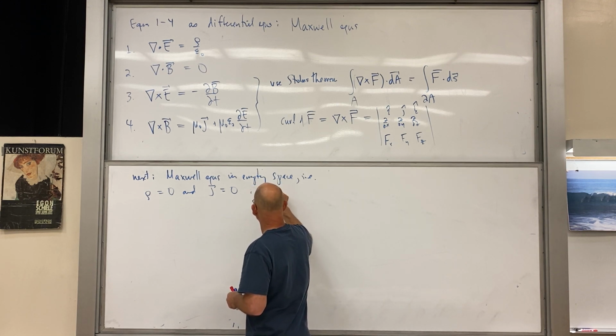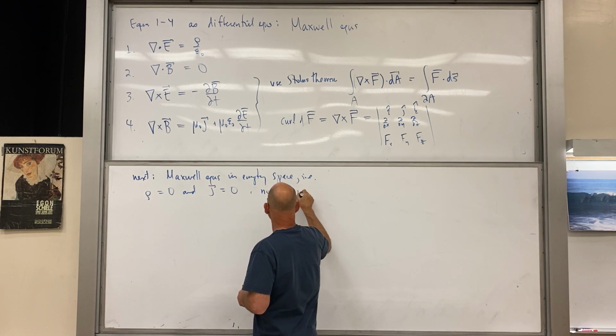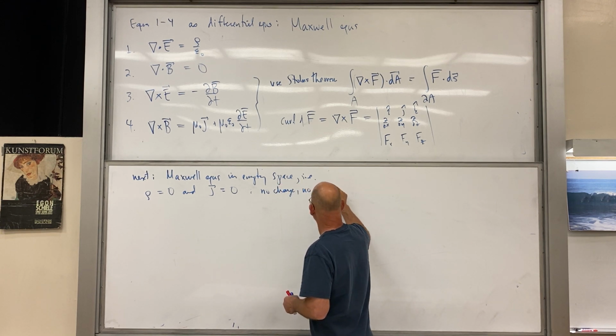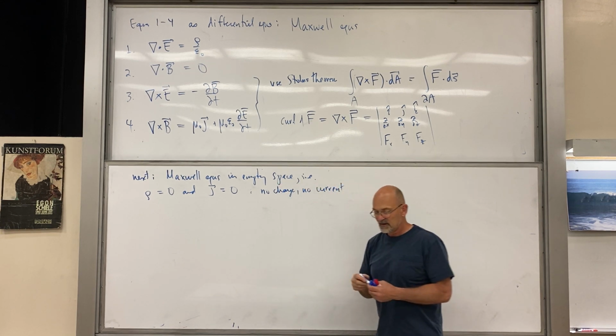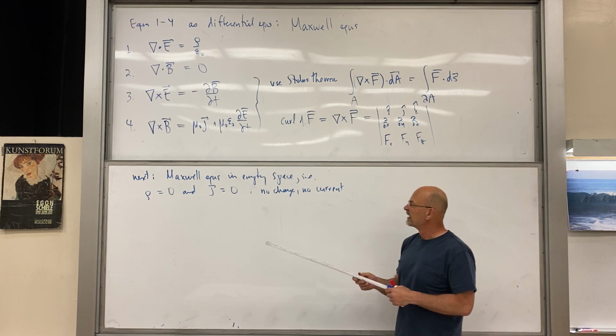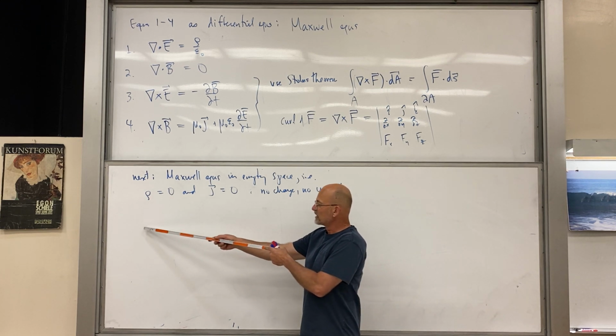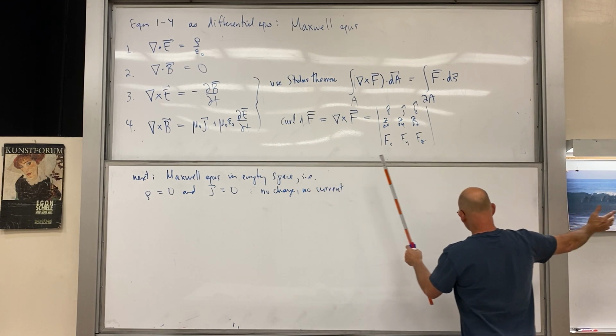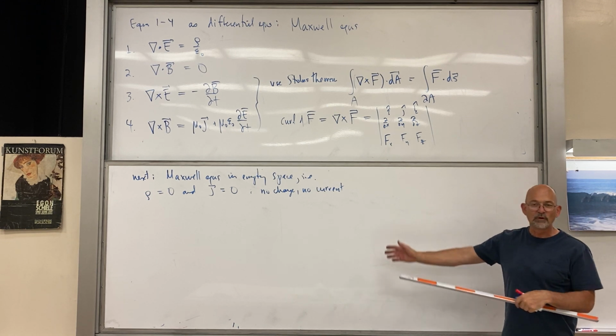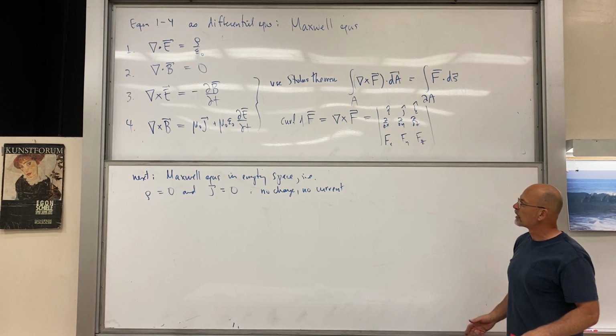Because we have no trouble believing that, there may be a charge over here, but now we're out on this side of space and there's no charge, but we know there are still fields. So we're not worried about that.